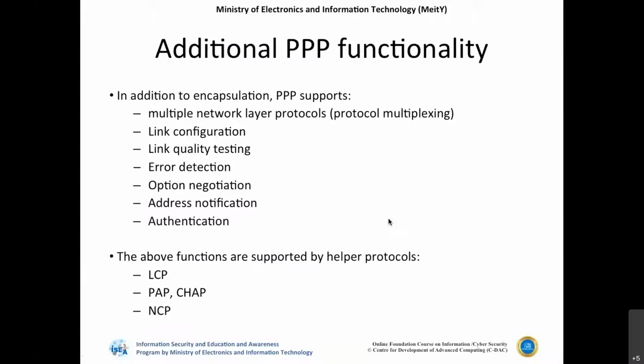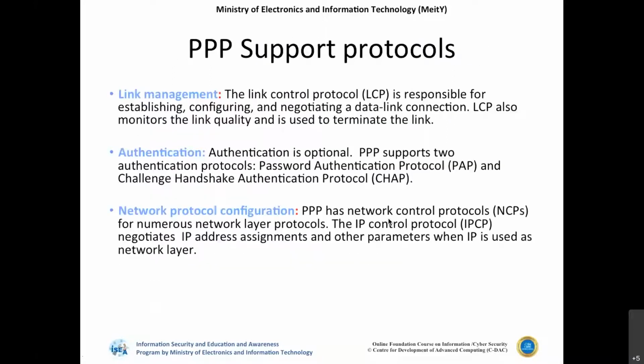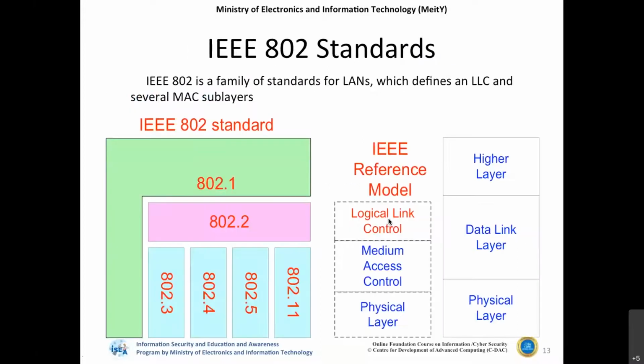These features are enabled through PPP functionality. Majorly this is tested across link management, authentication, and network protocol configuration. These are the three things we need to consider from the security aspect.